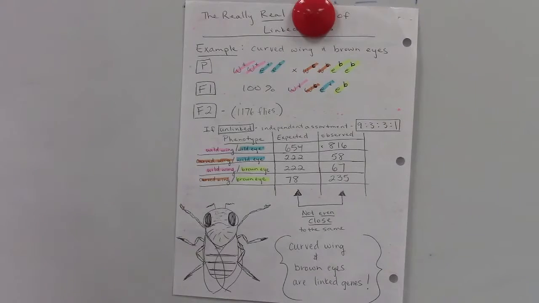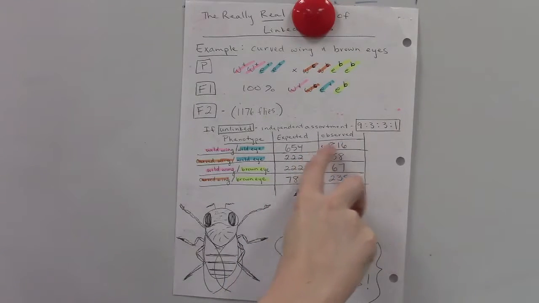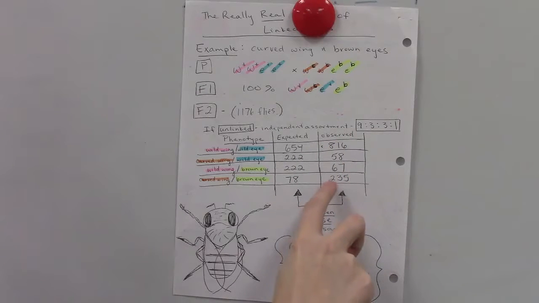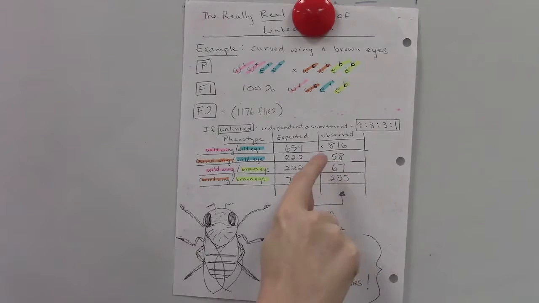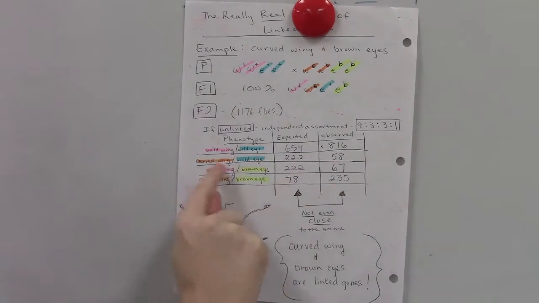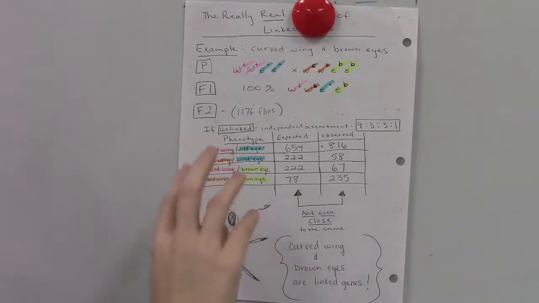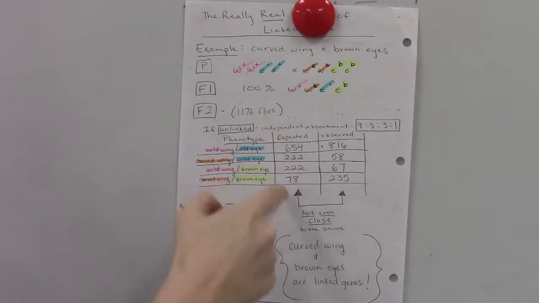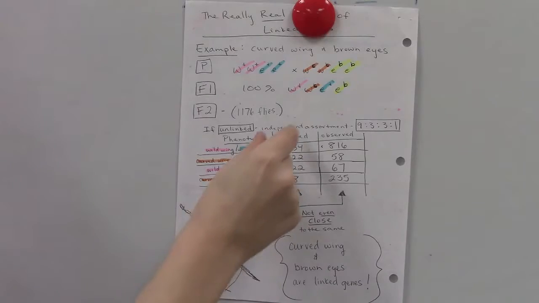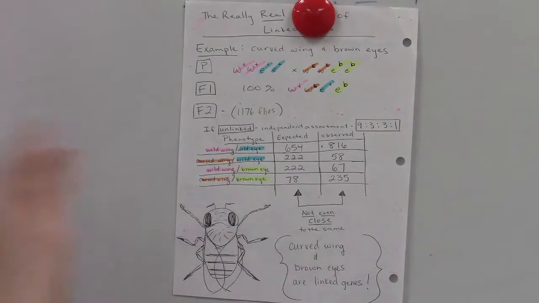So instead of 75% wild wing wild eye, 25% curved wing brown eye, and 0 curved wing wild eye and wild wing brown eye, like if we looked back at that 75% thing, this is if we had 9:3:3:1, if it were assorting independently.